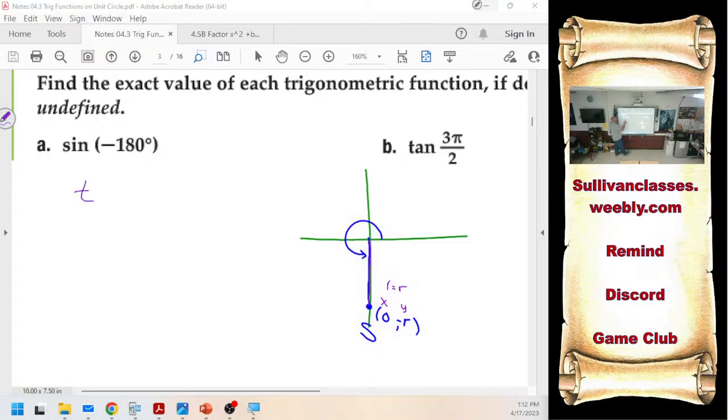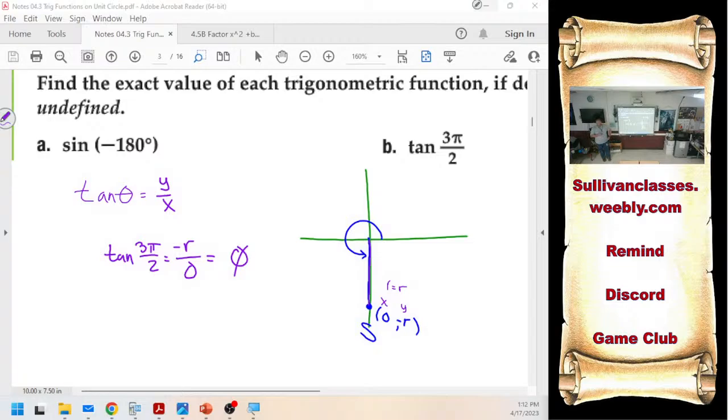Tangent is who over what? No, I'm going to say that's cotangent. We were close. Okay, so tangent is going to be y over x. So tangent of 3 pi over 2 is y over x, which is undefined.